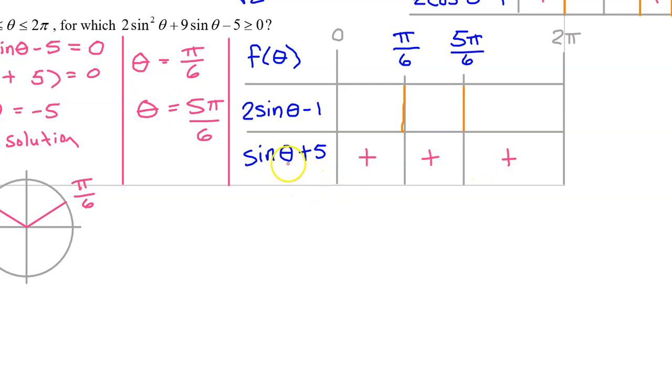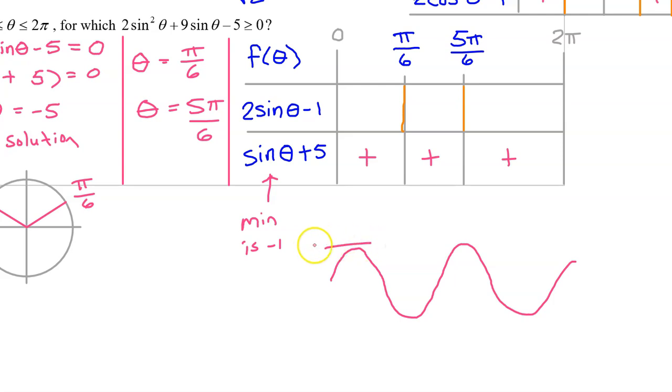We know that sine theta plus 5 is always positive because sine theta itself has a minimum value of -1. We talked before about the fact that sine goes up and down forever, but it has a max of +1 and a min of -1. And -1 plus 5 is still positive, so this will always be positive.